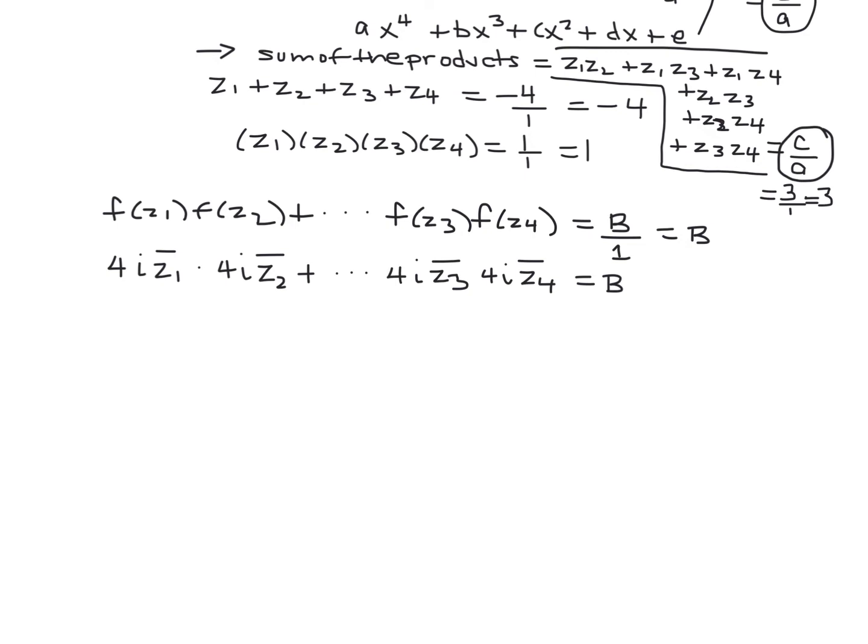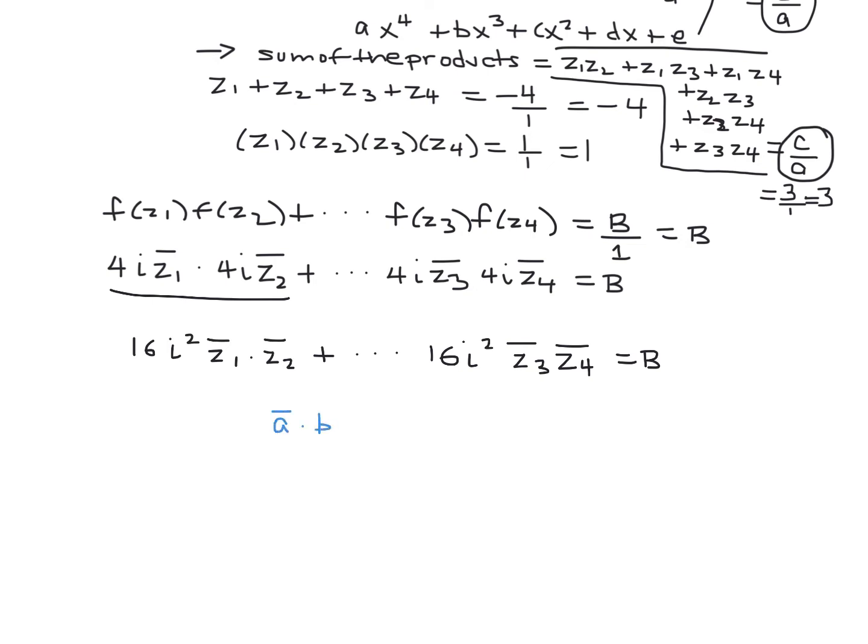laws with complex numbers. Okay, so before I use the laws, let's combine these guys. This is going to be 16i squared, and then z1 times z2, and both of those are conjugates. Dot, dot, dot, all the way, 16i squared, z3 conjugate, z4 conjugate, and that's b. Now, here's the law. The first law is that if you have a conjugate times b conjugate, it is equivalent to a times b all conjugate, like that.